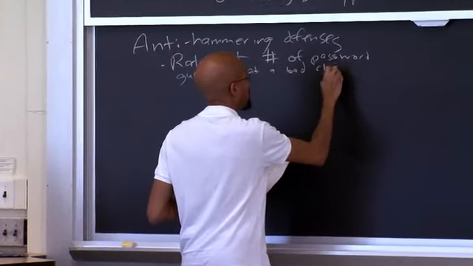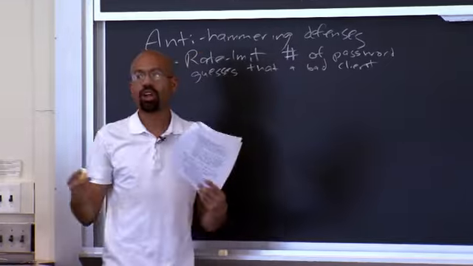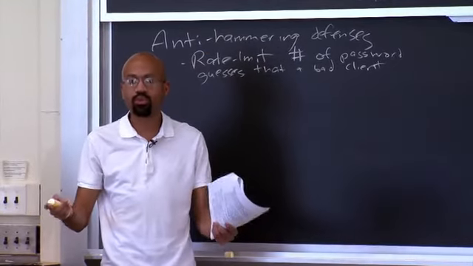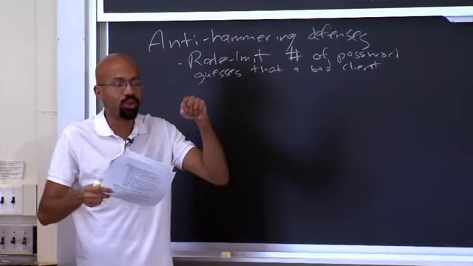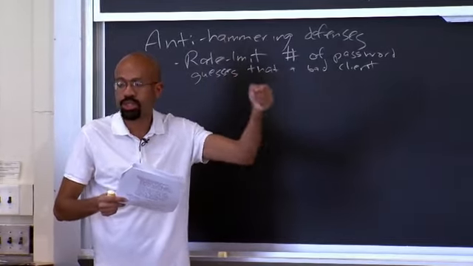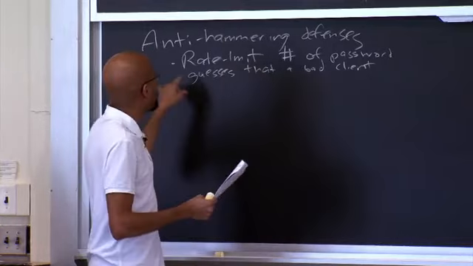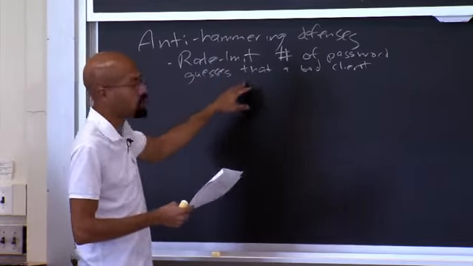Because if you've got some client trying to launch one of these brute force guesses against a password, you don't want that client to sit there in a tight loop and just say, is this the password, is this the password, is this the password? So one way you can do anti-hammering is to do that rate limiting.